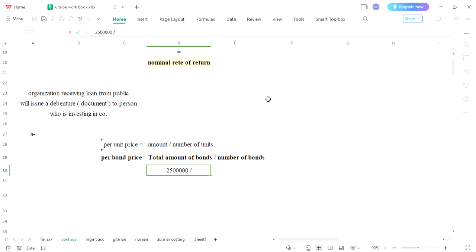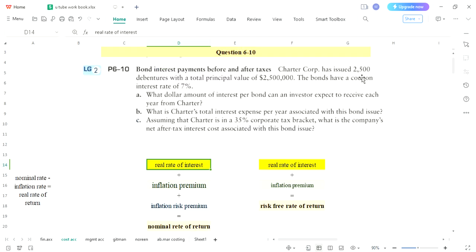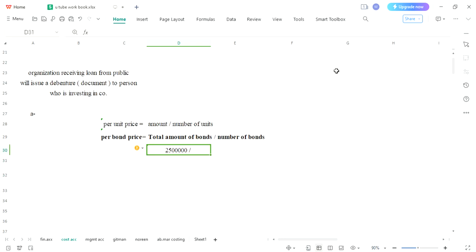Number of bonds are given in your question. Look over here. 2500 debentures. So total numbers are 2500. In this way, we are able to calculate per bond price. That means price of one bond. Statement has been completed, and now we can put it on calculator.